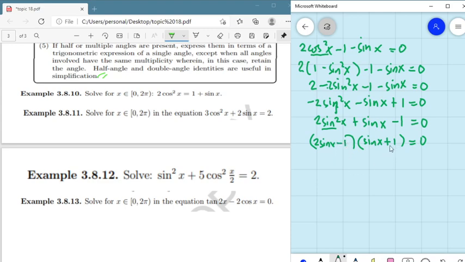So that 2 sine x times sine x equals 2 sine squared x. Negative 1 times positive 1 is negative 1. Then the middle would be negative sine x. And this one is 2 sine x. And that gives us positive sine x.